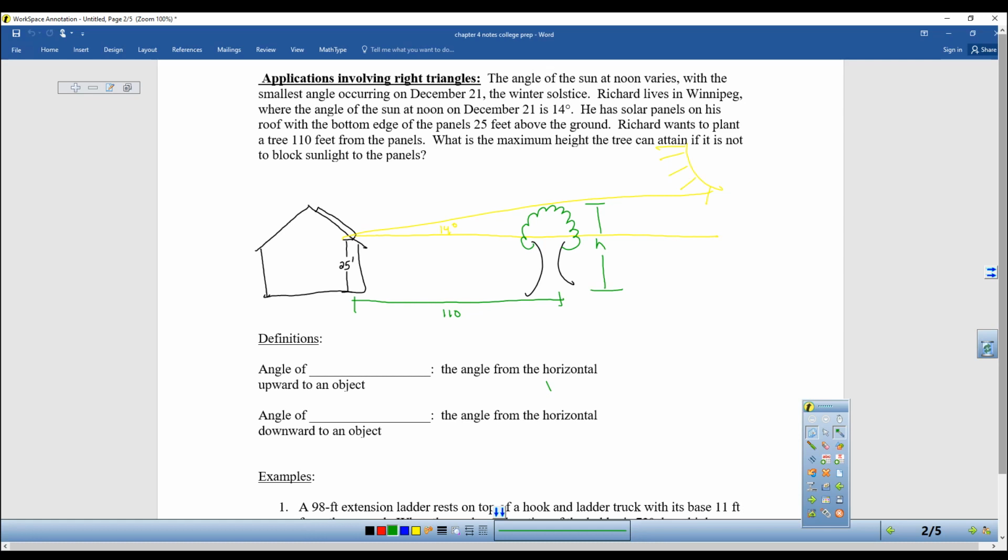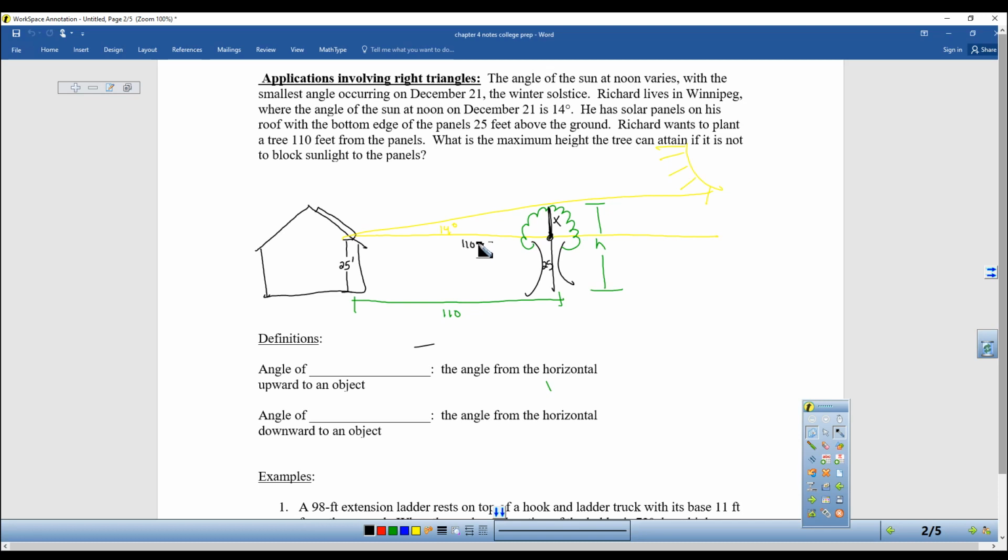So because this 14 degrees is measured from the height of the solar panel, we're actually going to do this problem in 2 stages. First, we're going to find this height, and then we're going to be able to add it to the 25 because that's how high that is. So it's much easier to work with the little triangle.